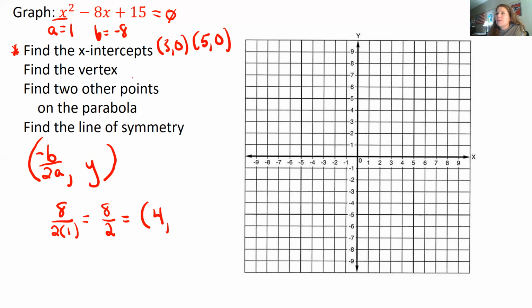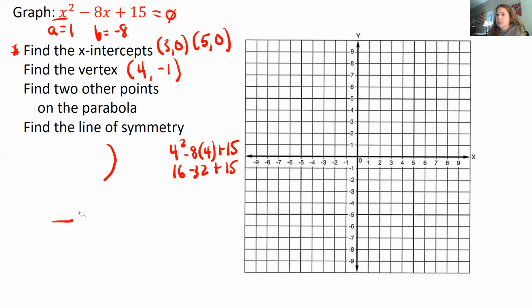And now we want to figure out, well, what is our y value? So we're going to plug in 4 squared minus 8 times 4 plus 15. So 4 squared is 16 minus 32 is negative 16, and negative 16 plus 15 is negative 1.